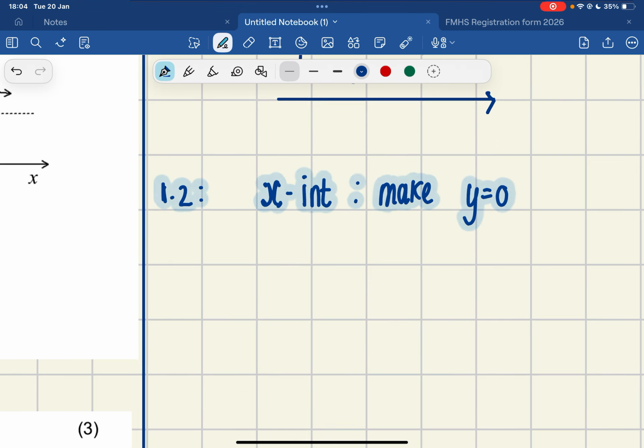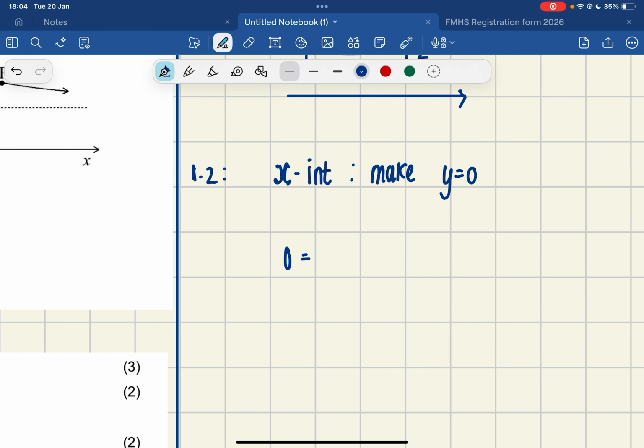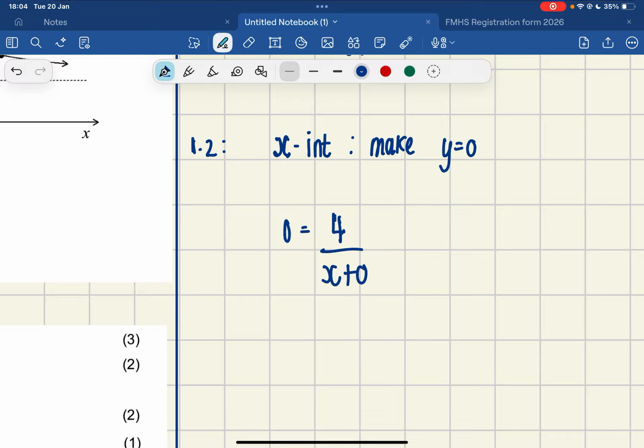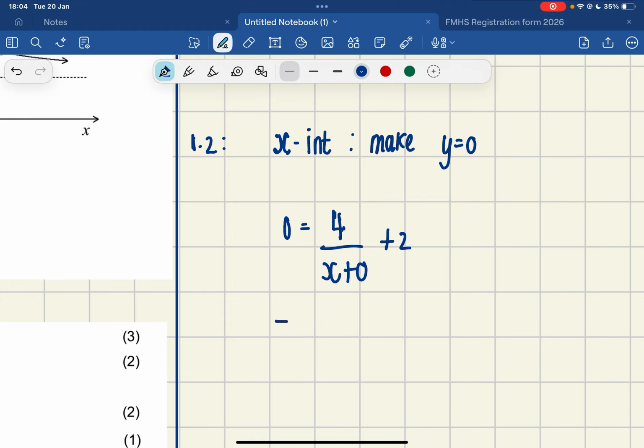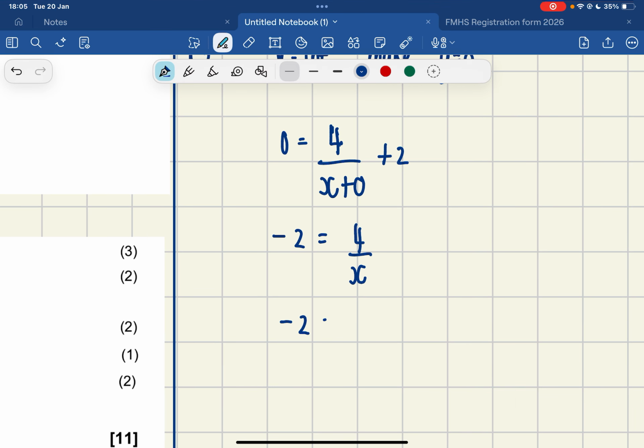So therefore, we will have 0 is equal to 4 over x plus 2. Negative 2 is equal to 4 over x.